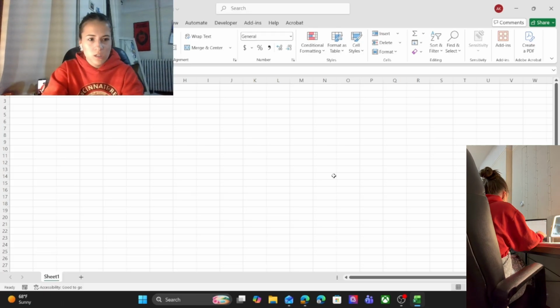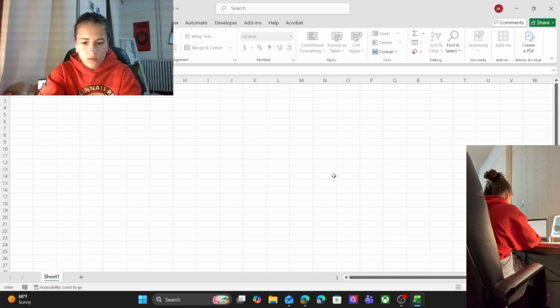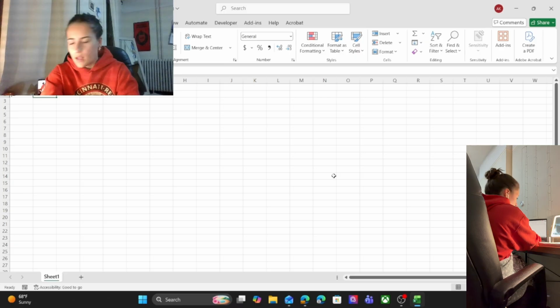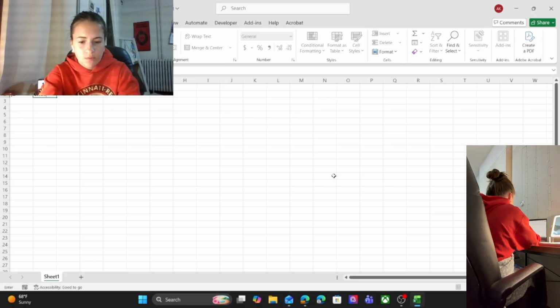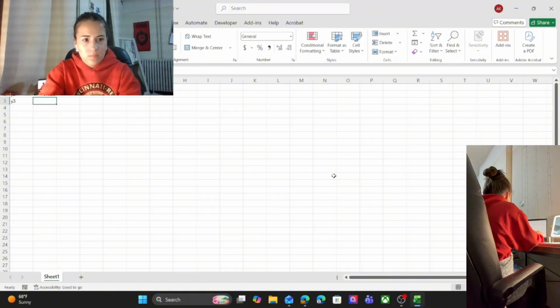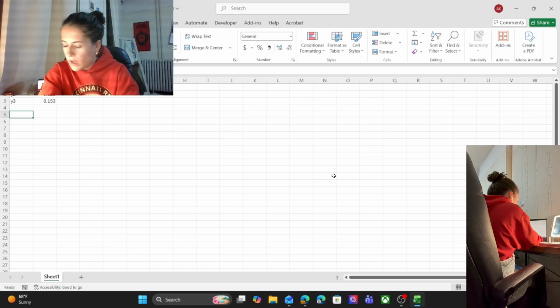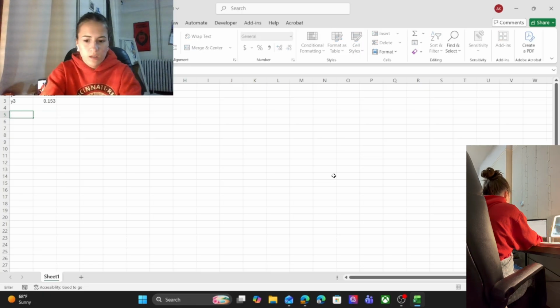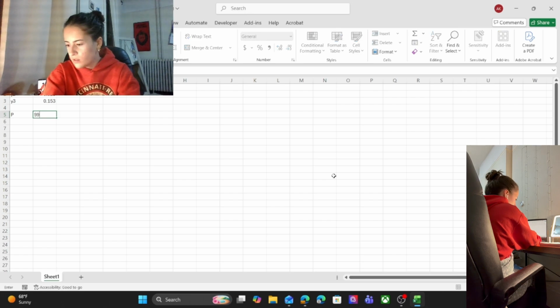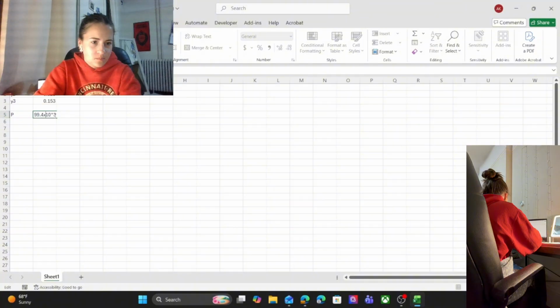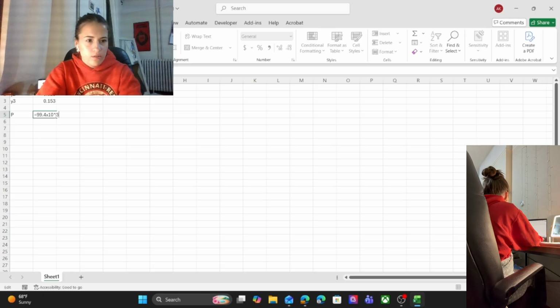So we have Y1, we're going to define as 0.319, Y2, 0.528, Y3, 0.153, and then we have pressure, make that capital P, equals 99.4 times 10 to the third.